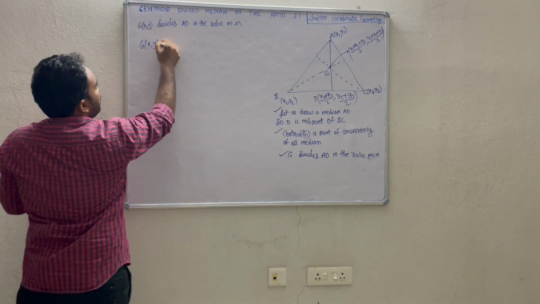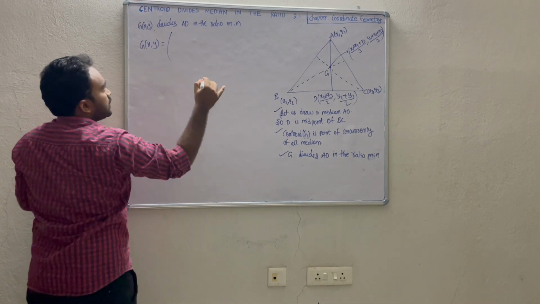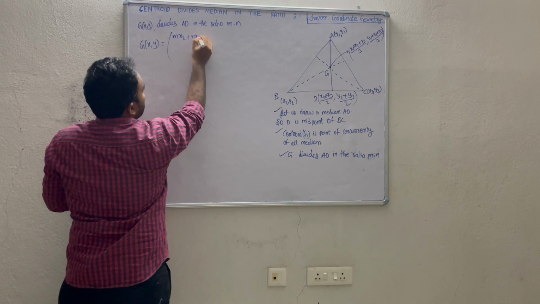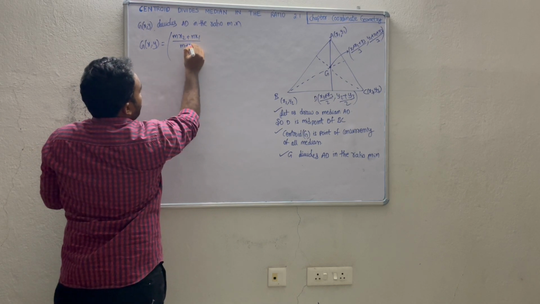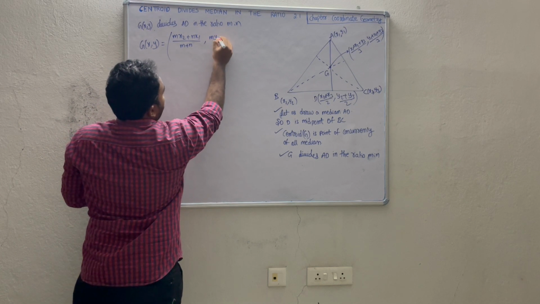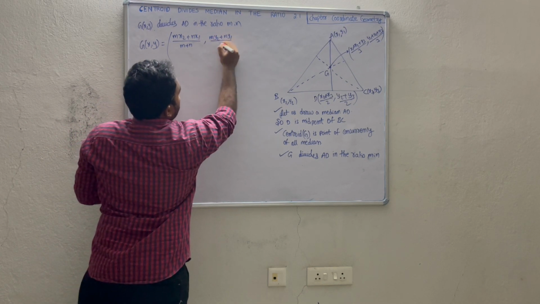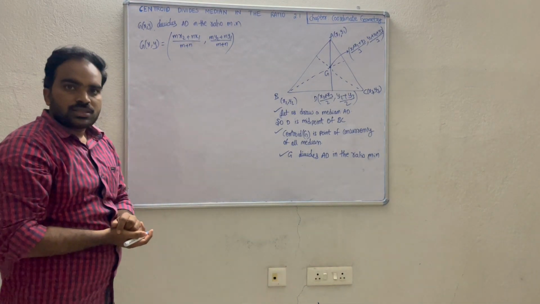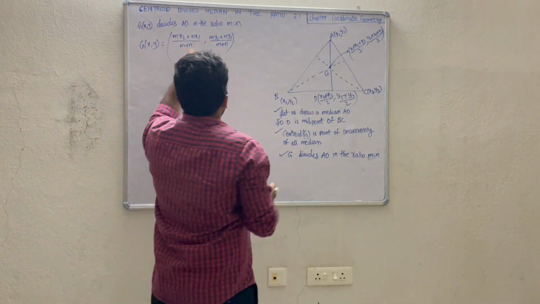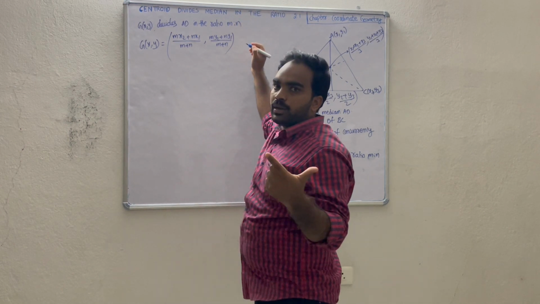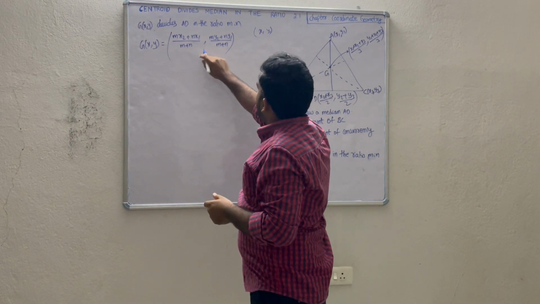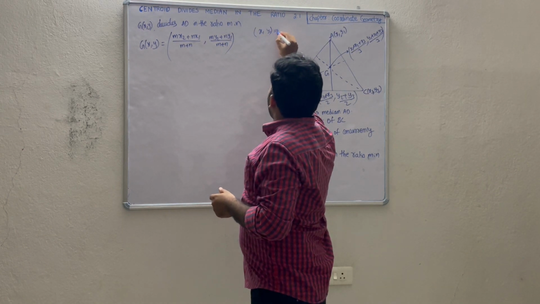So now G(x, y) is equal to, what is the formula here? (m x2 plus n x1 by m plus n, m y2 plus n y1 by m plus n). That is our section formula. For better understanding, let me write the points again. x1, y1 in this formula will be our point A only.